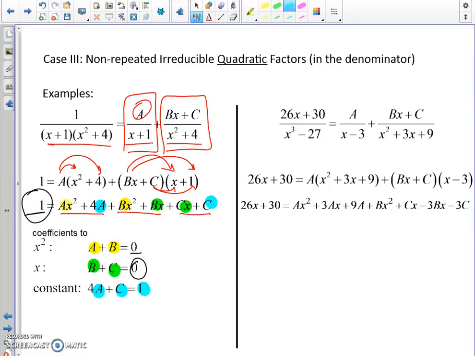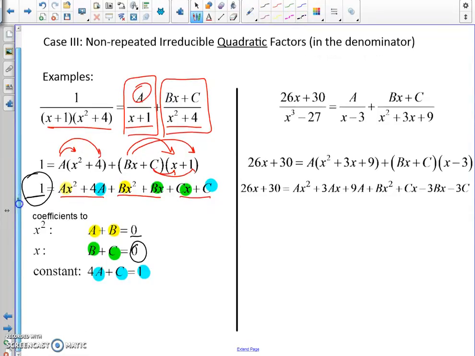Now I can do this on my calculator if the calculator is allowed, or I can just do some work with this algebraically to solve this system. I'm going to start by saying a is the opposite of b. b is the opposite of c. That's going to lead me to conclude that a is equal to c.